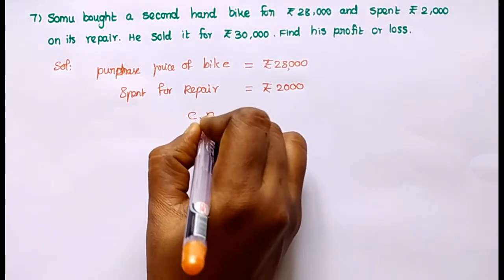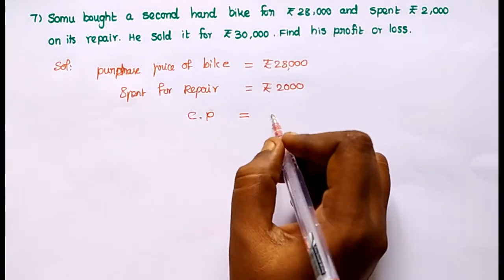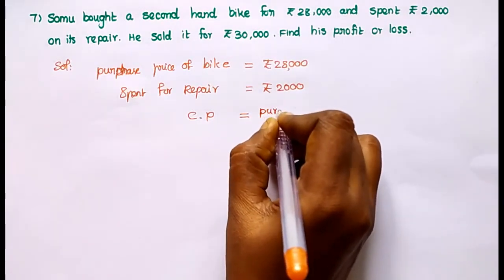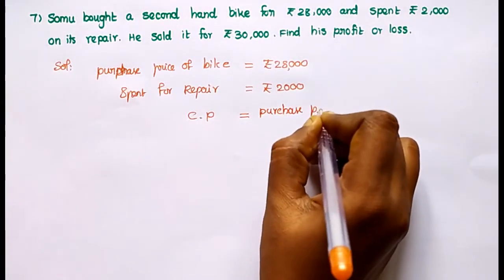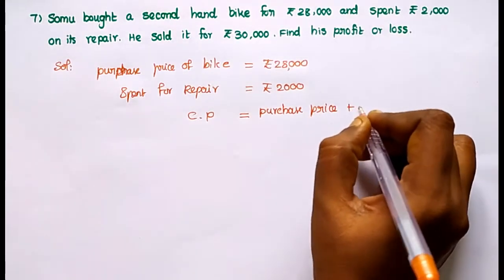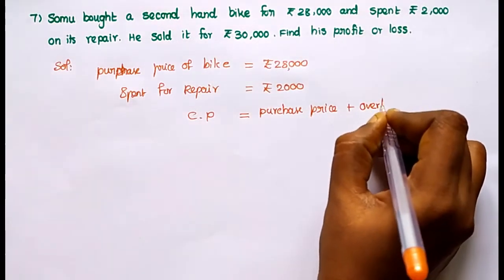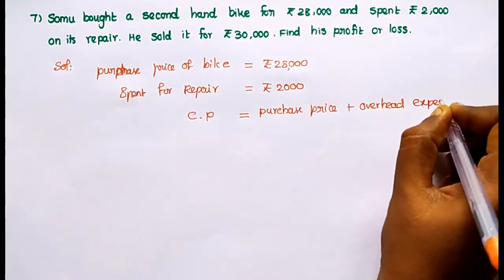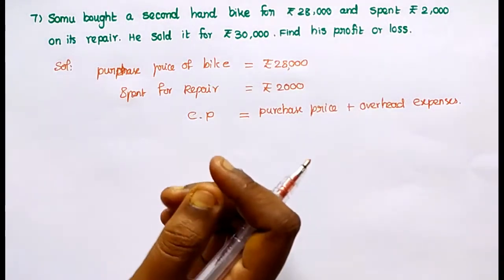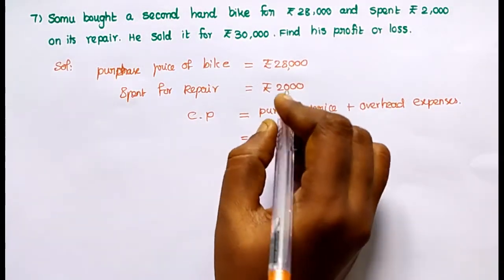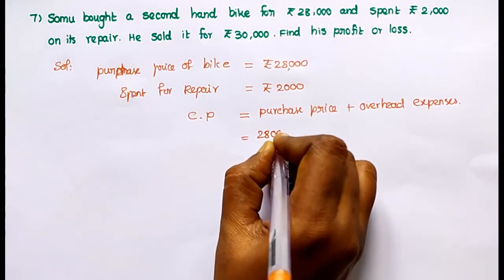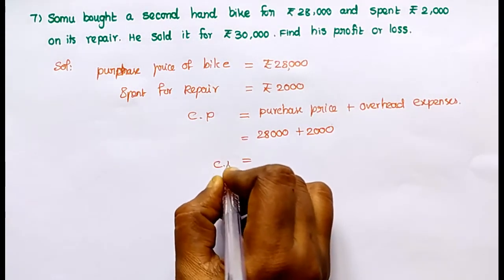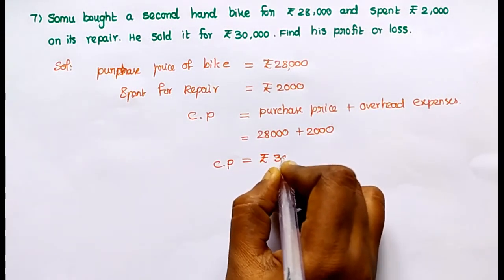So cost price equal to, we see in the introduction, that is cost price equal to purchase price plus overhead expenses. That is overhead expenses is spent for repair. Listen, 28,000 plus 2,000. Totally cost price how much? Rupees 30,000.